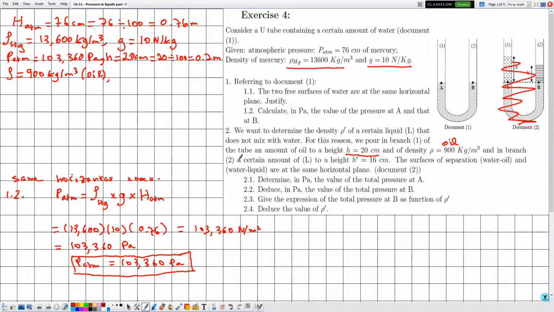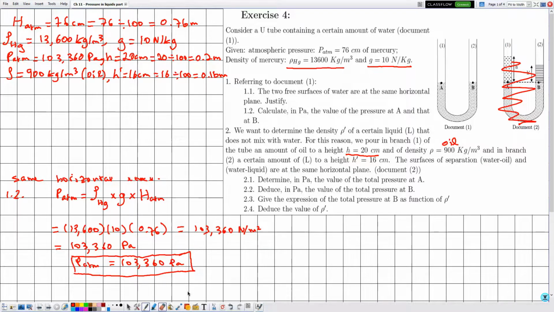And in branch 2, a certain amount of L to a height H prime is equal to 16 centimeters. Then H prime is equal to 16 centimeters, also dividing this by 100 to convert it to the SI, so it's equal to 0.16 meters. The surfaces of separation water, oil and water, liquid are at the same horizontal plane.